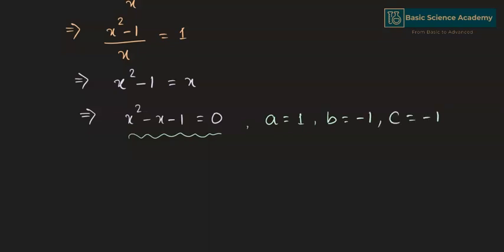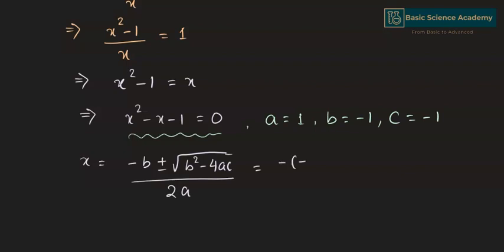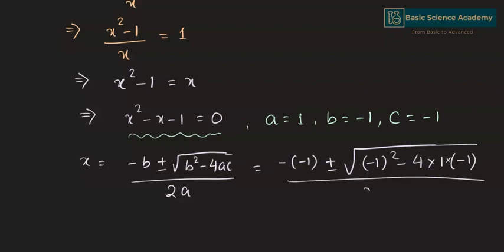minus 1. The value of x can be found by using the formula x equals minus b plus or minus square root b square minus 4ac divided by 2a. This gives minus of minus 1 plus or minus square root of minus 1 square minus 4 multiplied by a is 1 and c is minus 1, divided by 2a.